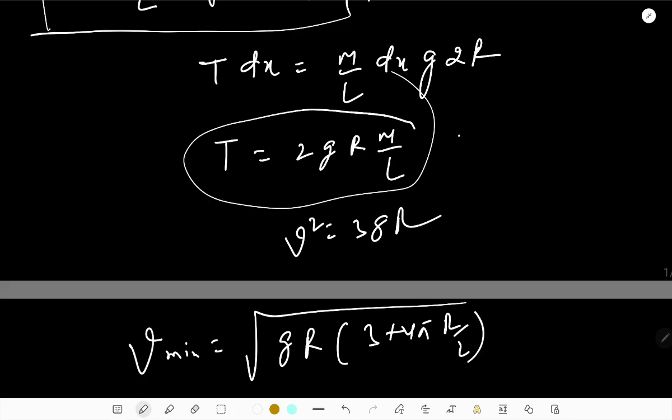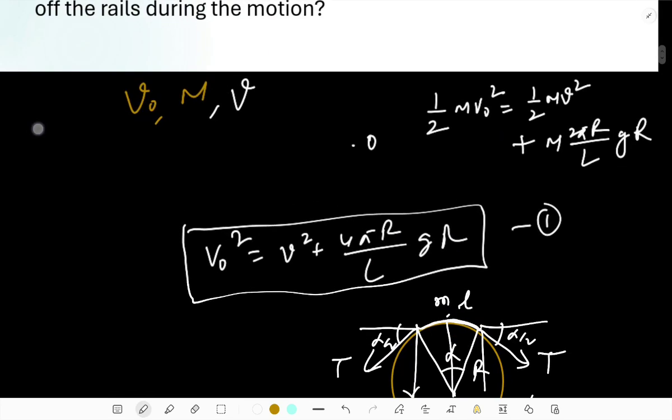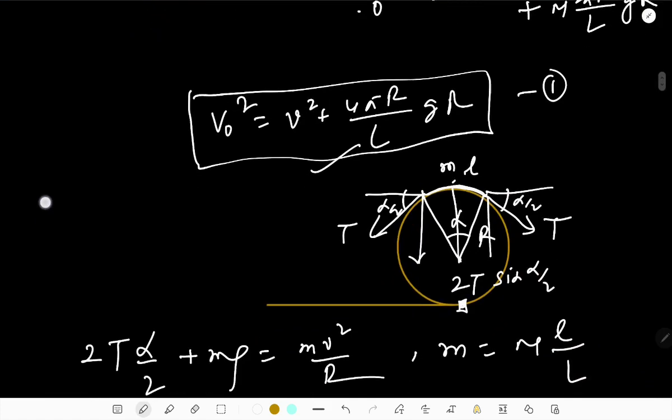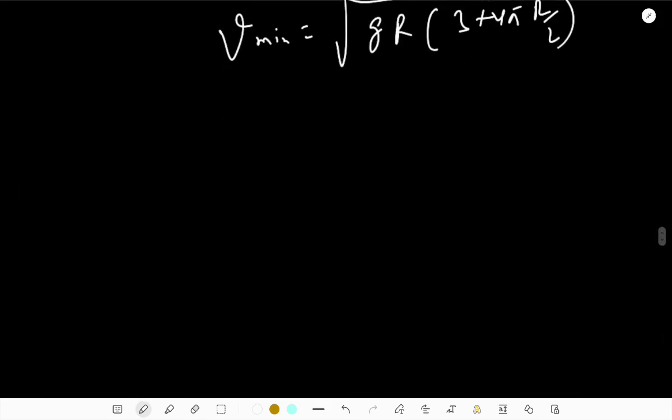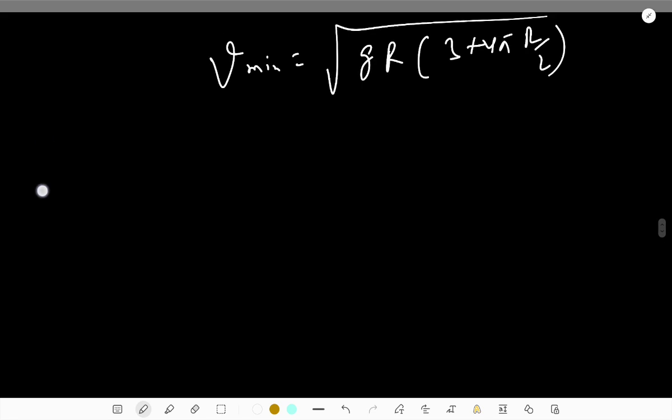The whole value we calculated earlier. This is the value of velocity. We needed to put this value. Minimum v naught.